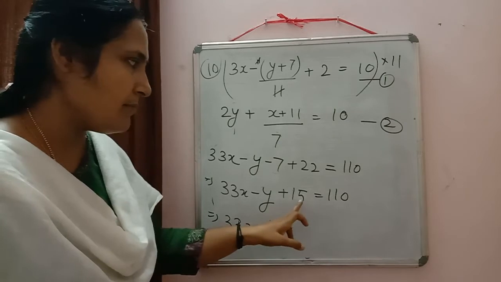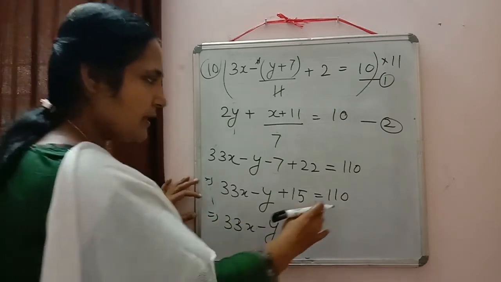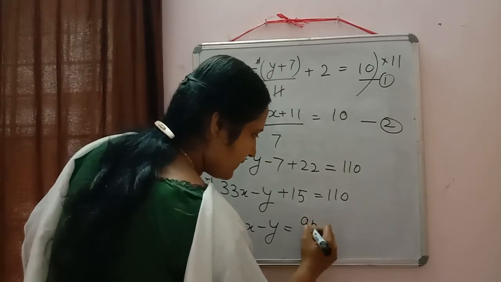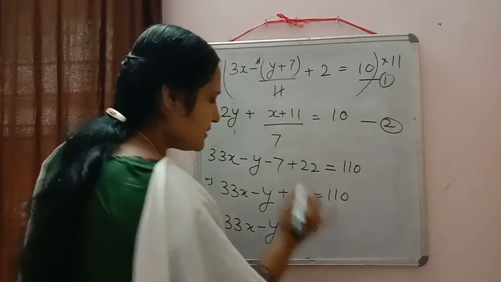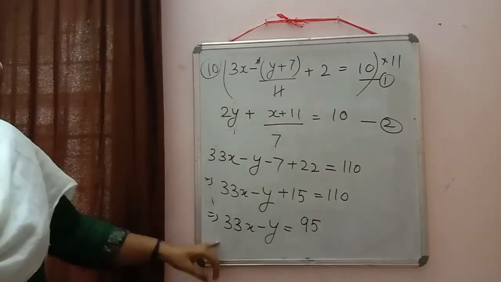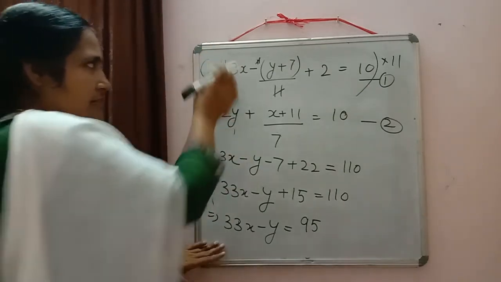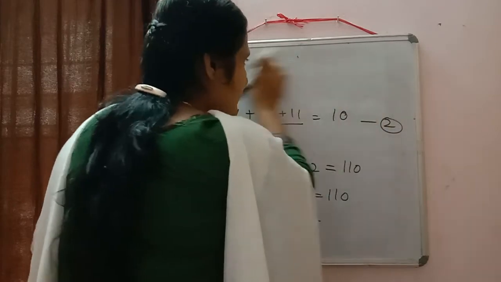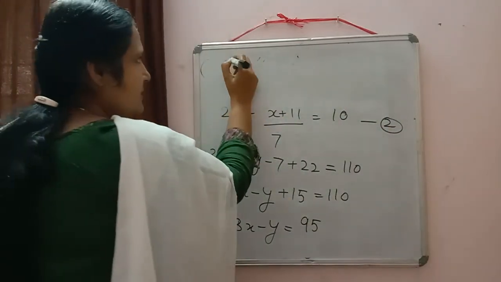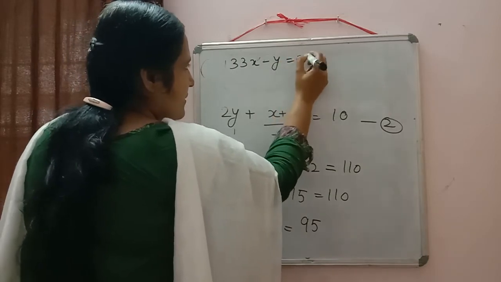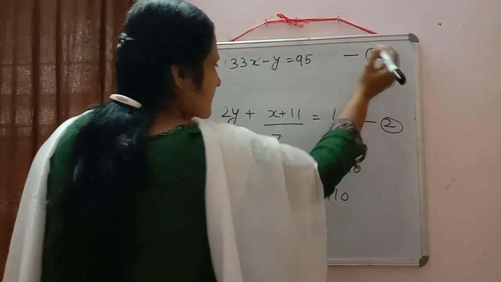So 110 minus 15 will be equal to 110 minus 10 will be equal to 100, and 100 minus 5, 95. So this will be our equation 1 now. So in place of equation 1, I am going to rewrite this equation: 33x minus y is equal to 95. Now we'll take this as equation 1.